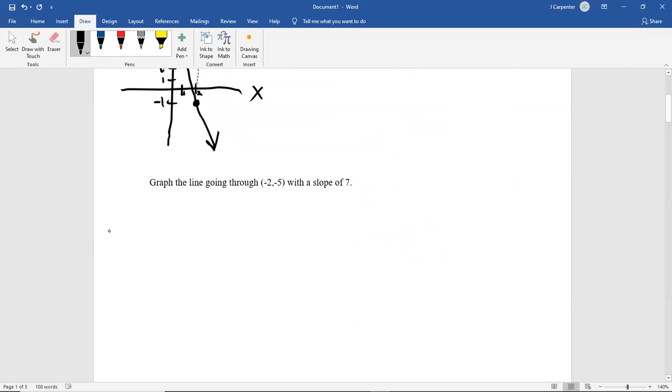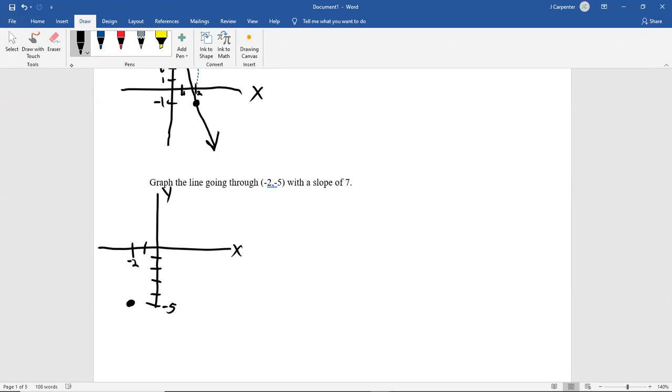So we're going to plot that -2, -5. Label our axes doing this by hand. So -2, -5 is left 2, and then down 1, 2, 3, 4, 5. So here's that first point.